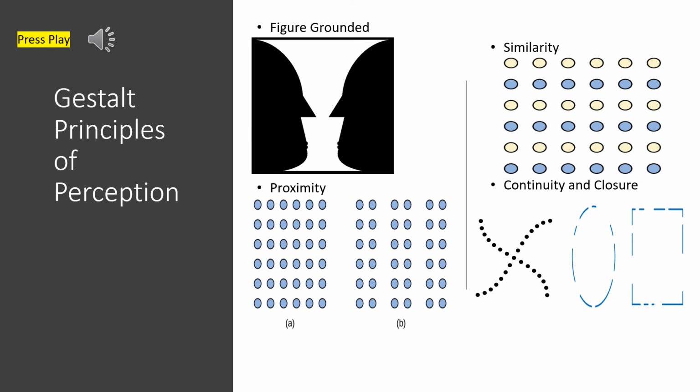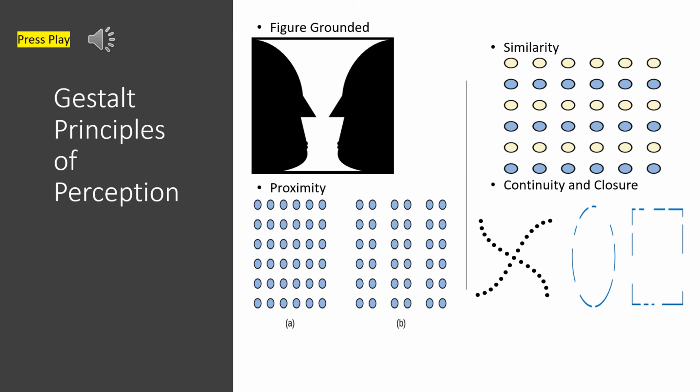Proximity, when we look at this other example where it says A and B, we think all of A goes together, and then B, that when we separate it, each section goes together, because if they're close, they must go together. Similarity is very similar. If they all have the same colored jerseys on, they must go together.